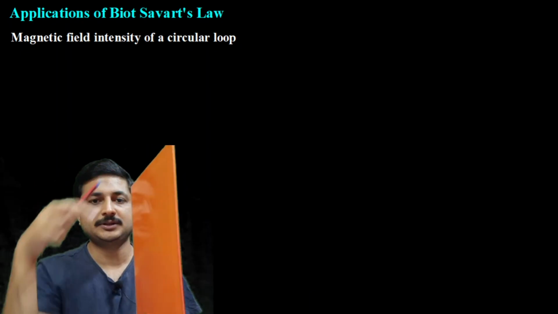What does Biot-Savart's law say? The magnetic field intensity is directly proportional to the sine of the angle made by the line joining the conductor and the point. So this is a circular ring, this is the axis, so I will be joining a line from the top of the conductor to this point.